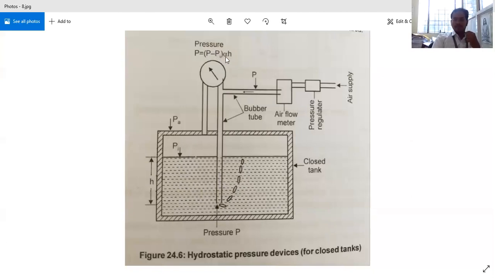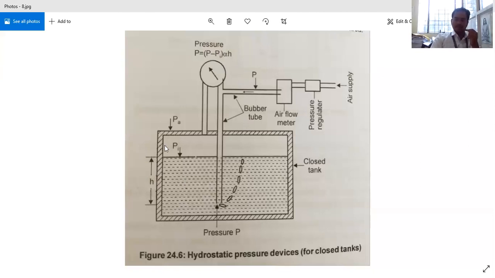When this is zero, it means that the level of the liquid in the tank is zero. So this is how a hydrostatic pressure device is applied for a closed tank.